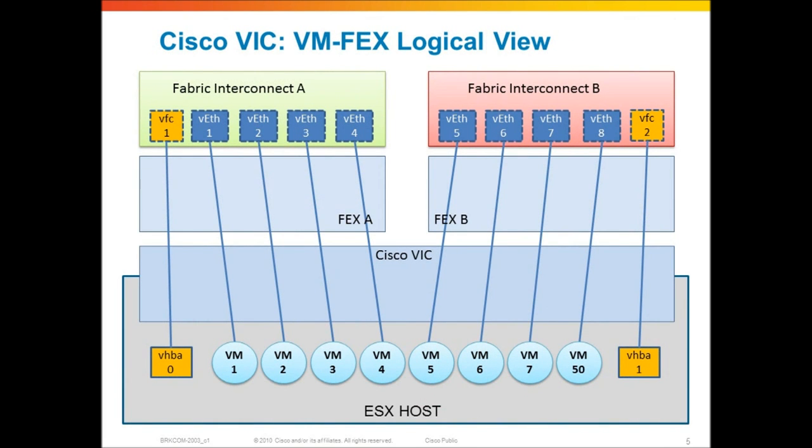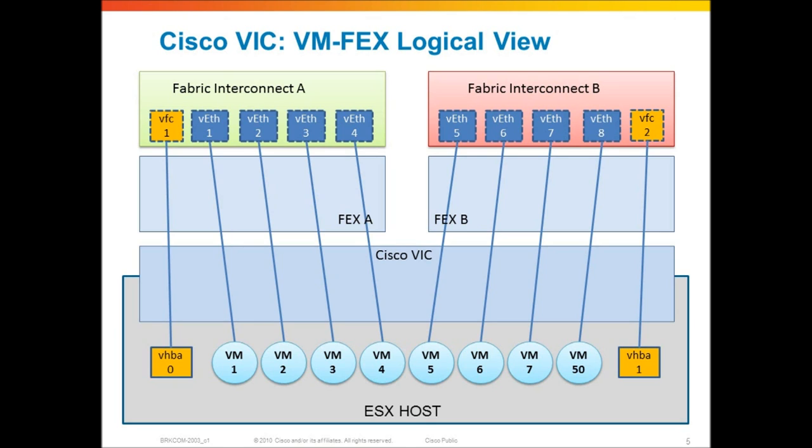So with the Cisco VIC installed into an ESX host in a VMware implementation, you have the option of using a technology called VM-FEX. This was previously named Hardware VN-Link. The name was recently changed to VM-FEX.